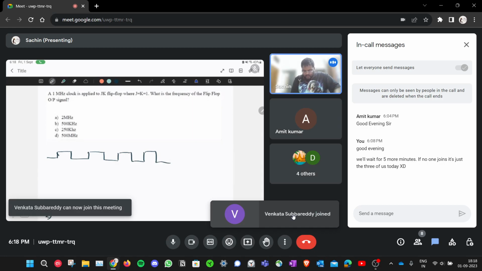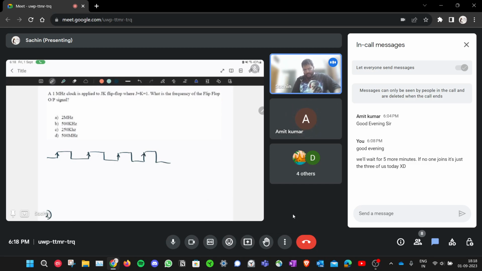Then you mark out the positive edges. We are assuming it's positive edge triggered. You could do it with negative edge triggering also and get the same answer. Let's say initially the output was at 0. You could start out with a 1 and you would still get the same answer.